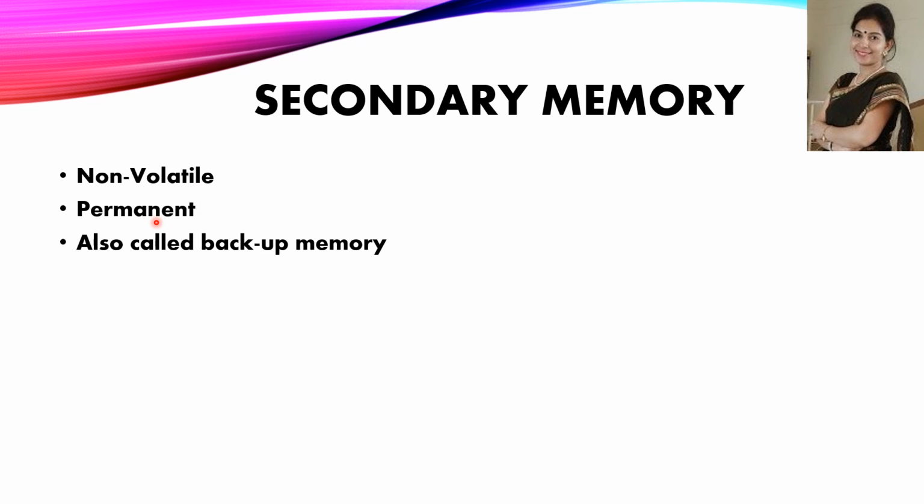But this secondary memory operates at a slower rate than primary memory, and it is also called backup memory. Examples of secondary memory are your hard disk, CDs, DVDs, and pen drives.